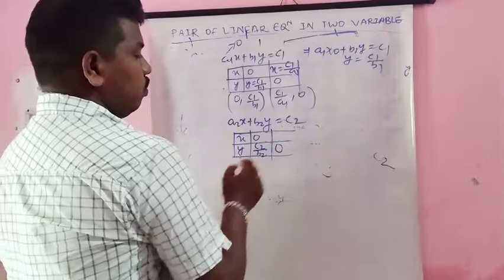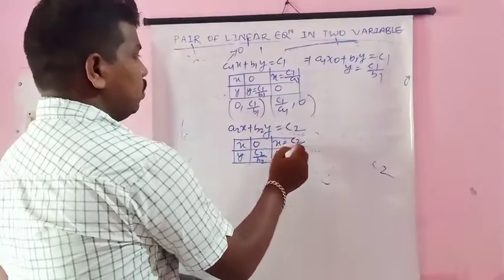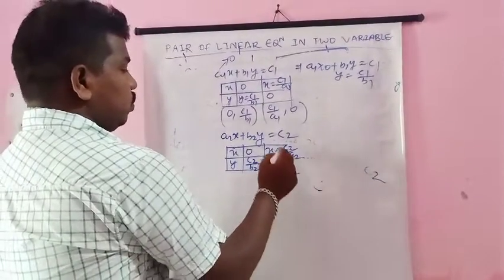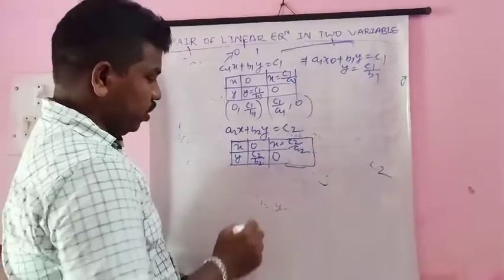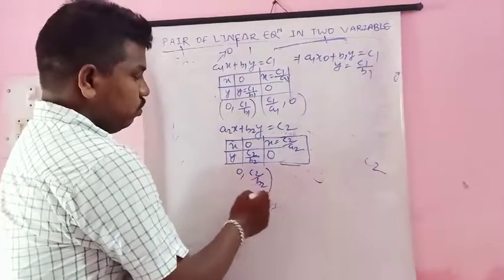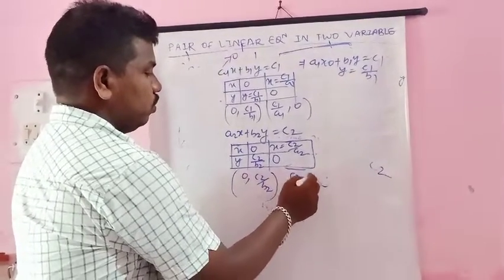Similarly, we put y equal to 0, we get x equal to c2 by a2. So here we get 2 points: 0 comma c2 by b2, and c2 by a2 comma 0.